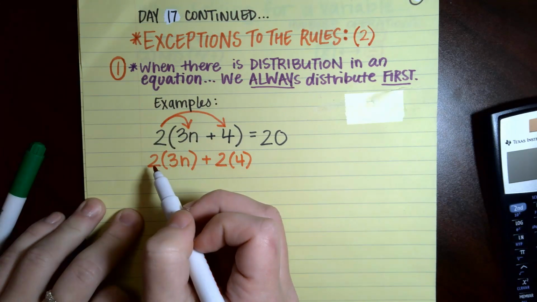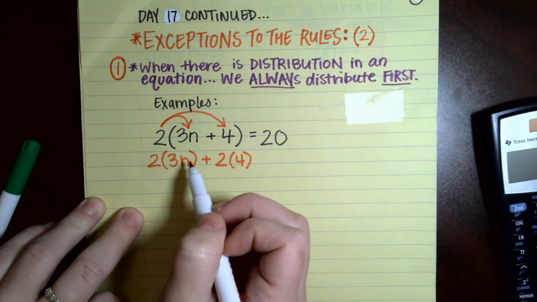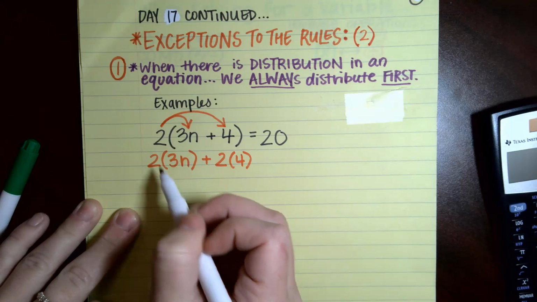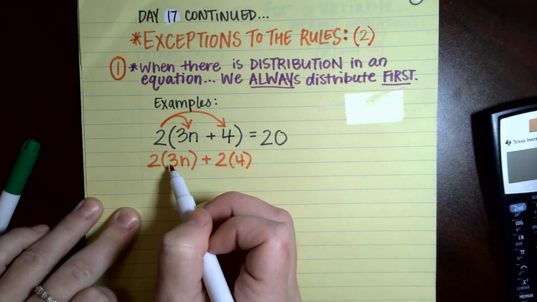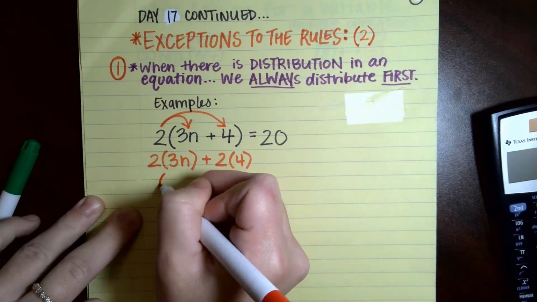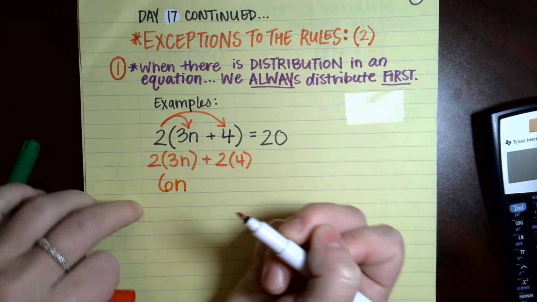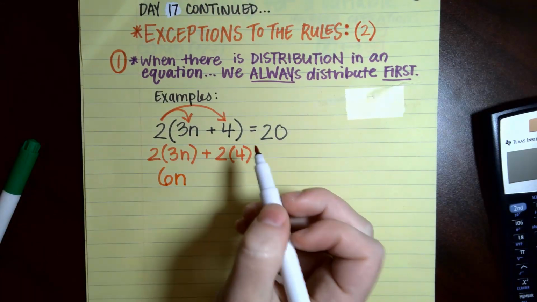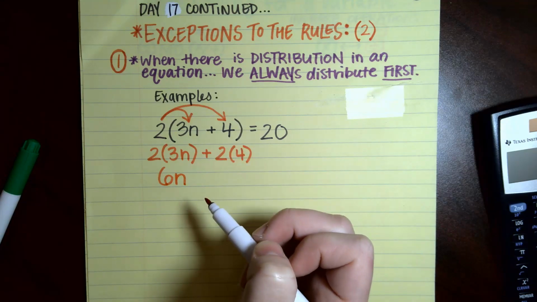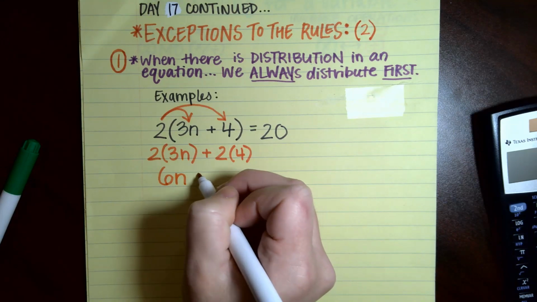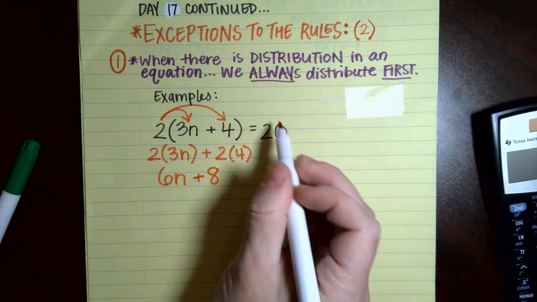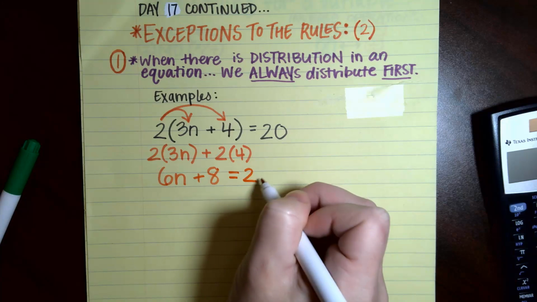Remember, anytime that we multiply by a number that is attached to a variable, all you need to do is multiply the two numbers like normal. So I'm really just doing 2 times 3, and just keep in mind that that n stays attached. So you're exactly right. We would get 6n. Next, we would do the second term, which is 2 times 4, and what's that going to give us? 8. So I have 6n plus 8, and then I just bring down whatever's left, equals 20.